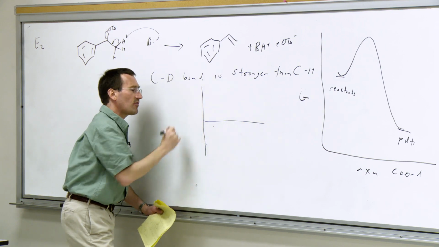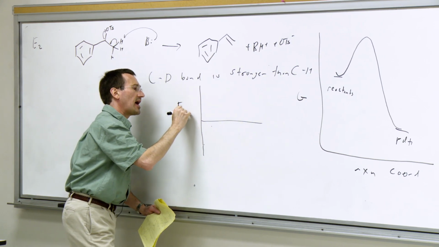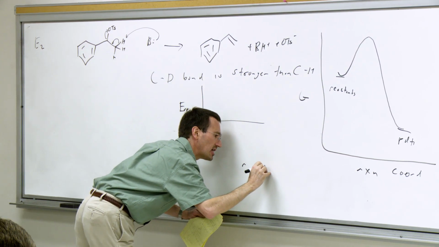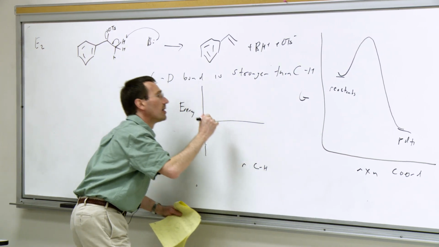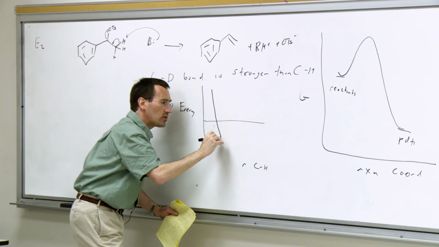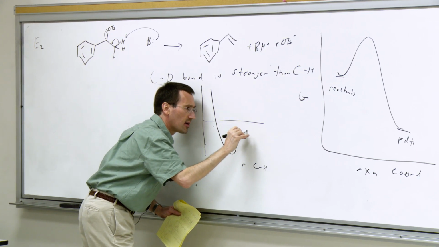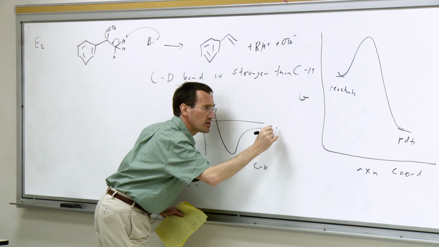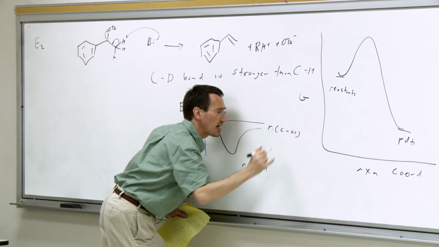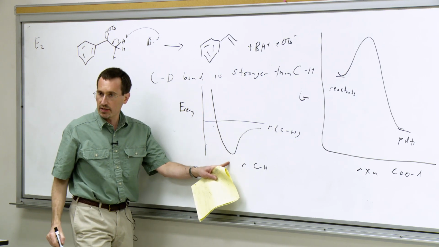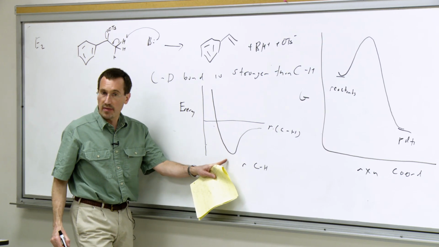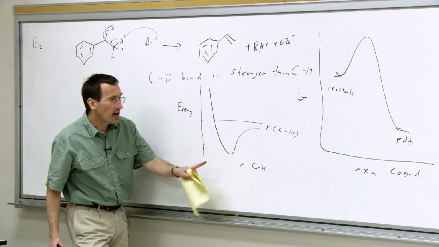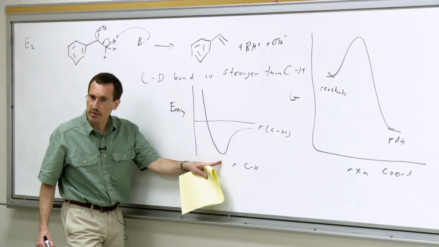All right, imagine for a moment that we have a plot of energy versus the CH or CD bond. You get a curve. Those of you taking P-Chem have probably seen a curve that looks like this, right? You have your R-CH bond. You have an energy well. Maybe even in freshman chemistry. And it probably goes deeper and steeper than I've drawn it.